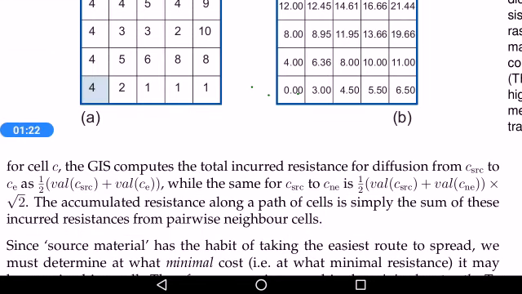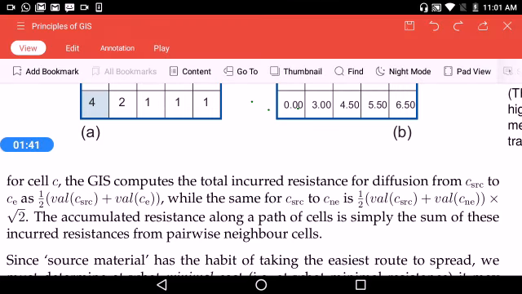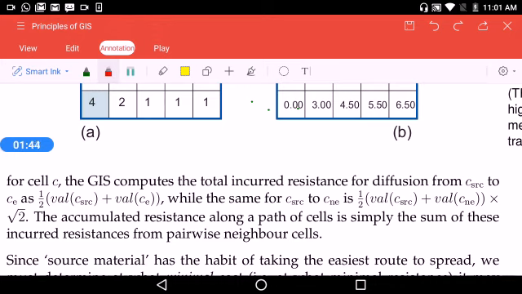So what is the total resistance which is incurred for the diffusion by moving in these two different directions? If we move from our source cell CSRC to CE, that means the cell to the east, we get the resistance value as val of CSRC plus val of CE divided by 2. So half of val of CSRC plus val of CE.